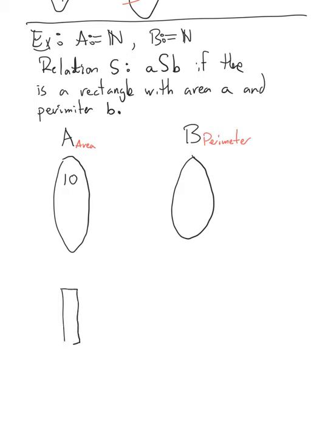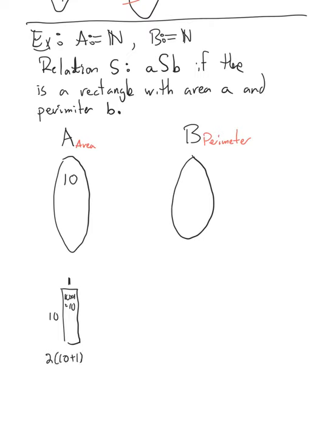Well, the easiest one to think about is 10 by 1, which obviously has area 10 for a rectangle, length times width. 10 times 1 is 10. Okay, what's the perimeter of this? Well, the perimeter is 2 times 10 plus 1.